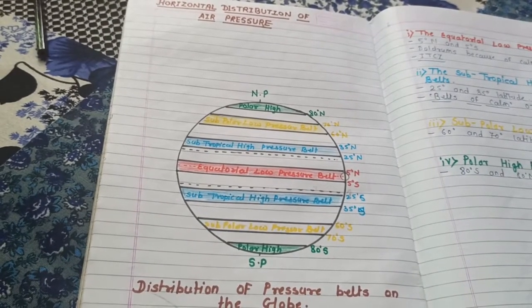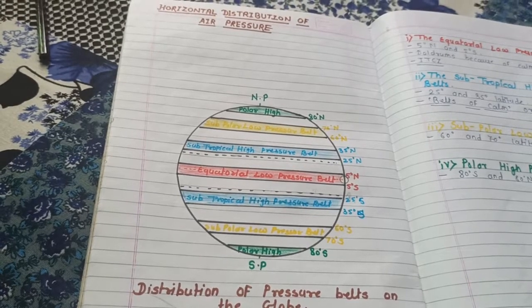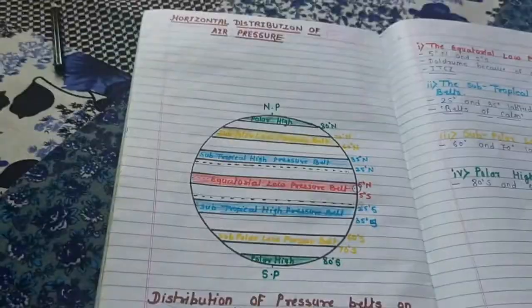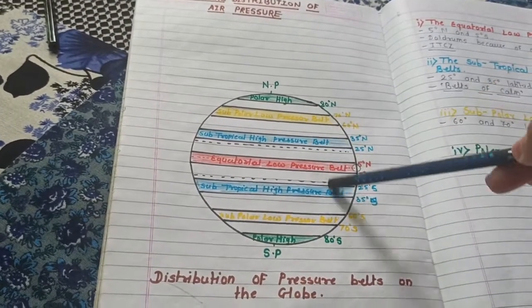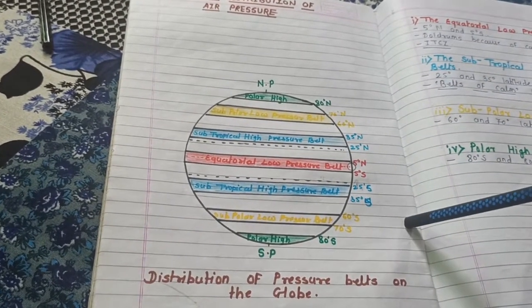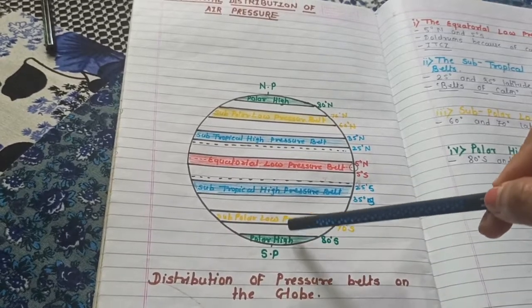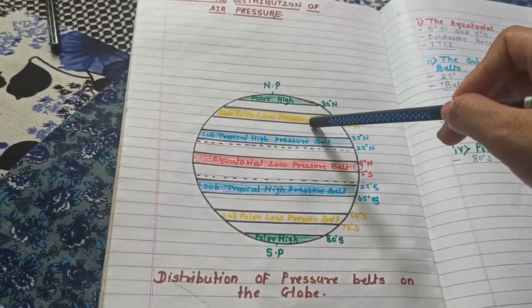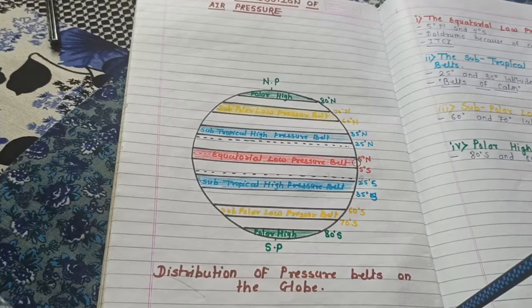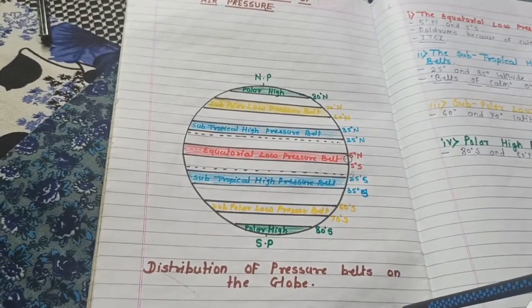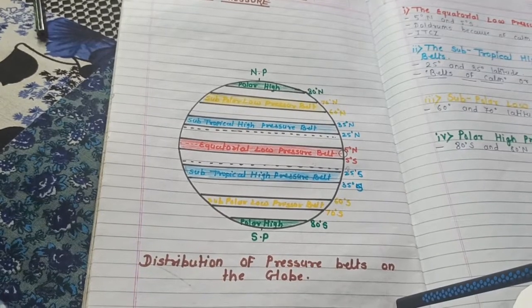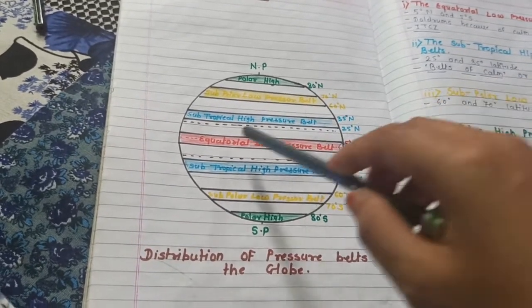The horizontal distribution of air pressure is found in the form of belts. We can see these are the 7 belts over the globe. Among these belts, the equatorial and polar belts are formed due to the variation in temperature.